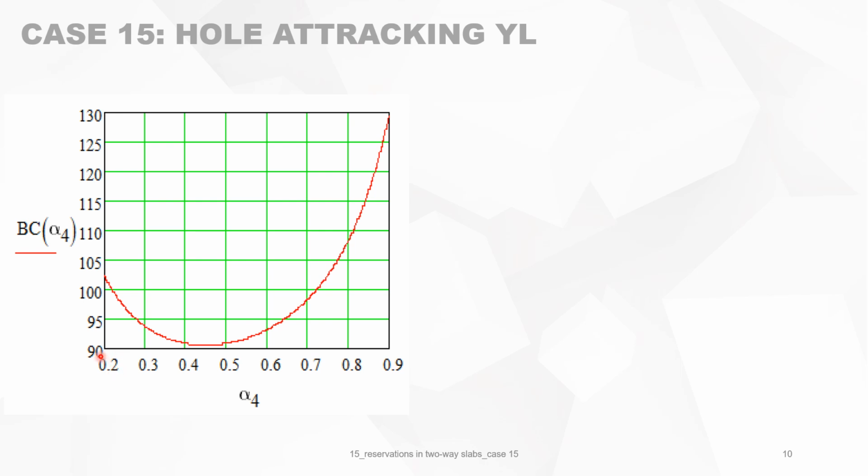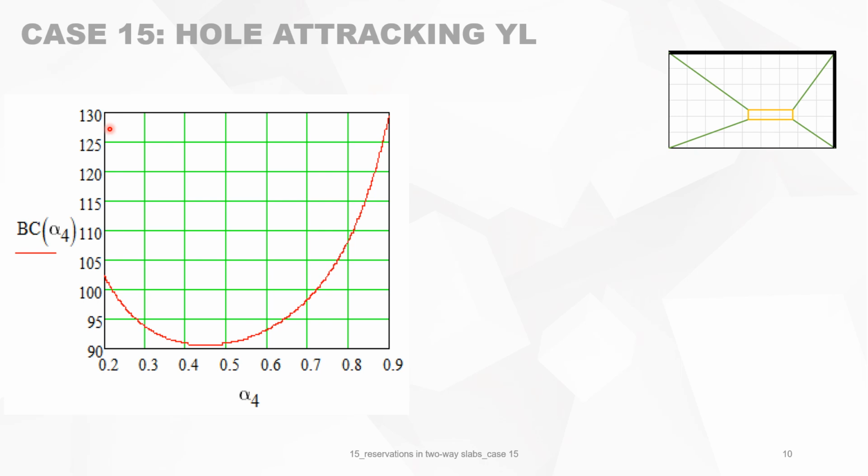We can put it in a graph, alpha 4 on the x-axis and the bearing capacity on the y-axis. You have this situation. Remember that we have a lot of parameters because this reservation can be put anywhere, any place on the slab.